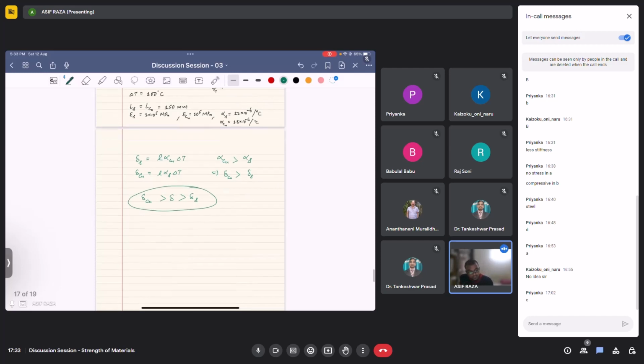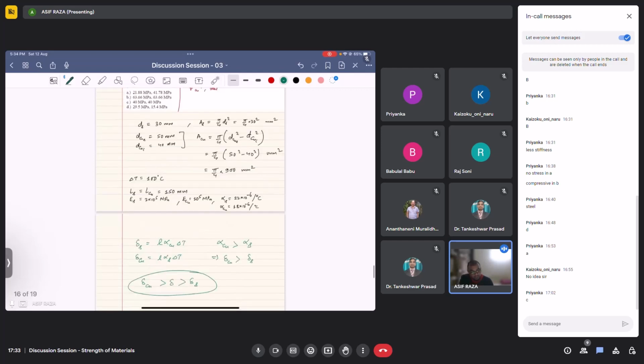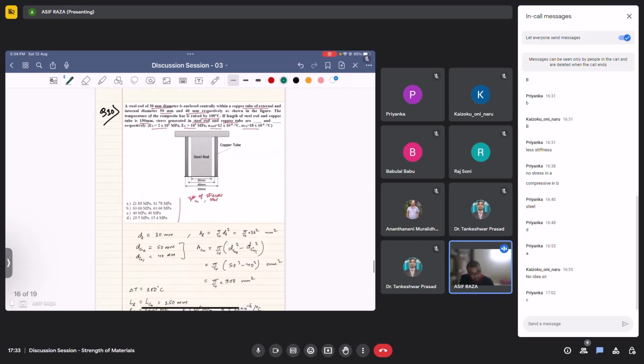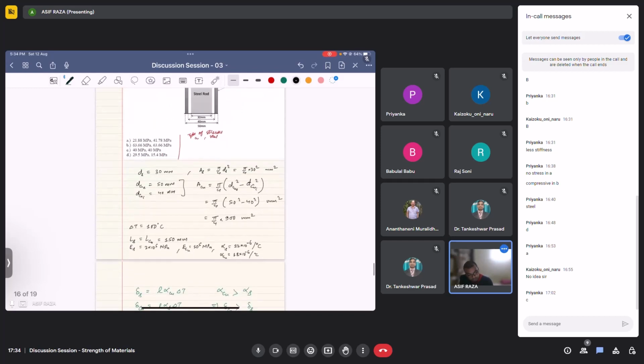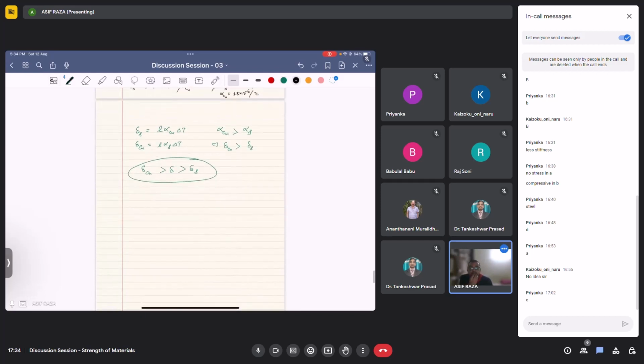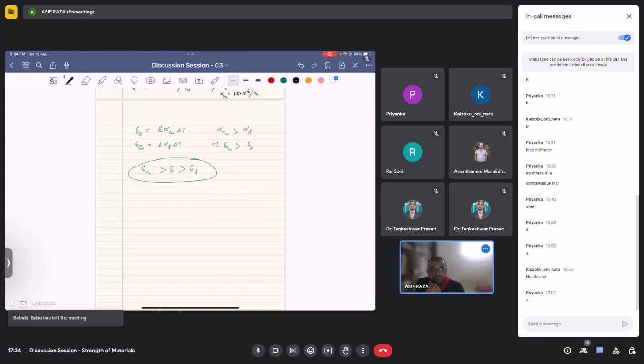Now let's see how we would calculate the actual stresses in the system. In the actual situation, the deformation of both would be the same, as opposed to when they were allowed to expand freely.